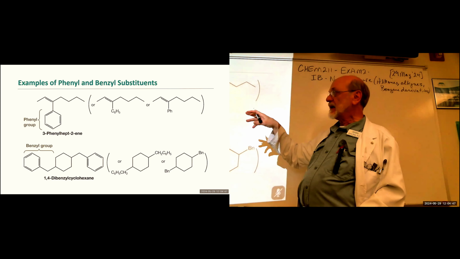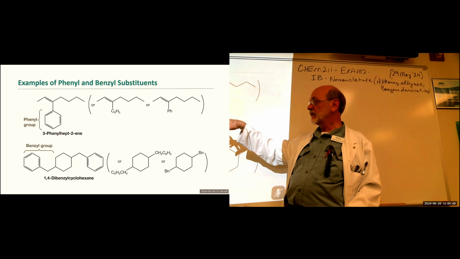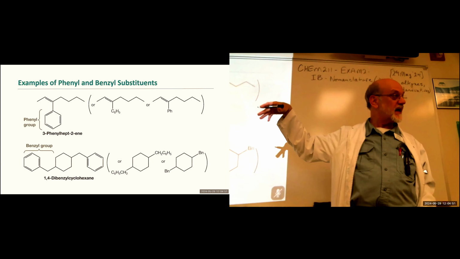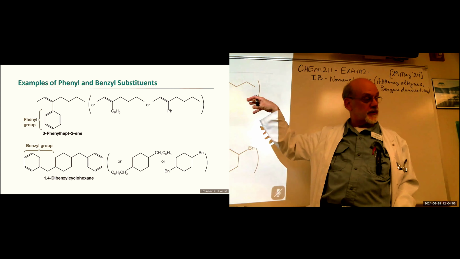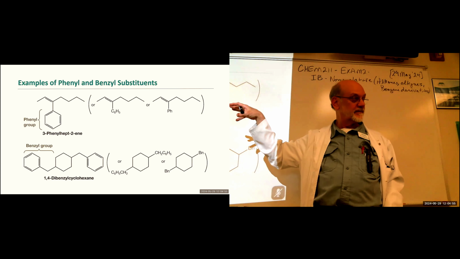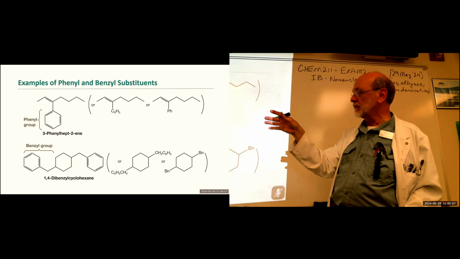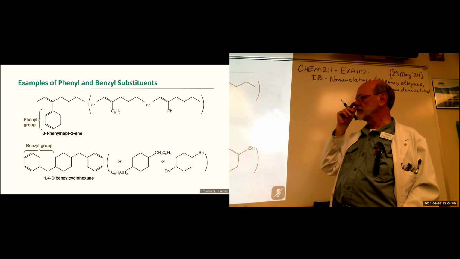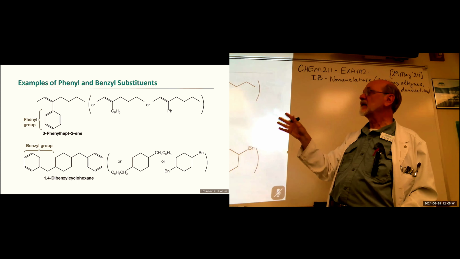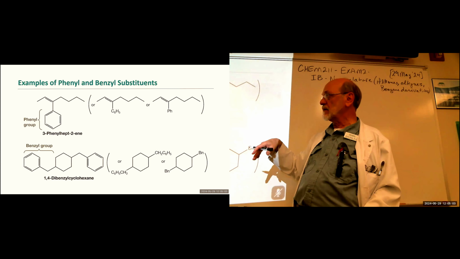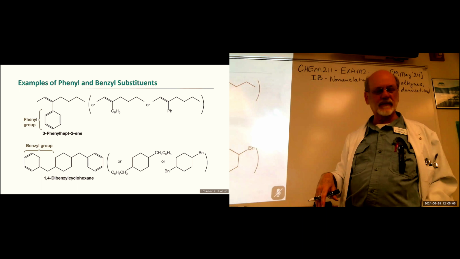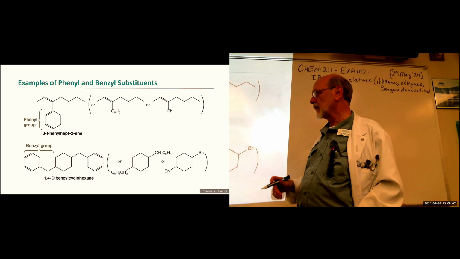Well, if it wasn't a phenyl group, if it was a diene, a cyclodiene, then we would start with the cyclodiene and include it. And then it would make that other ene a substituent. It gets messy.